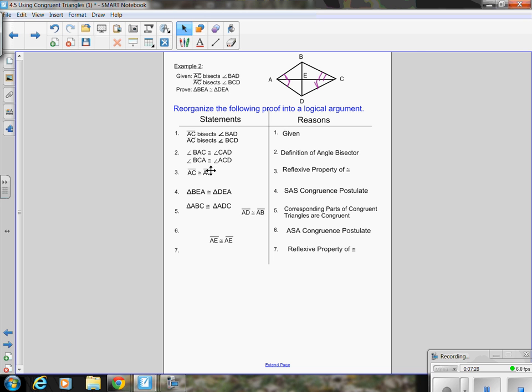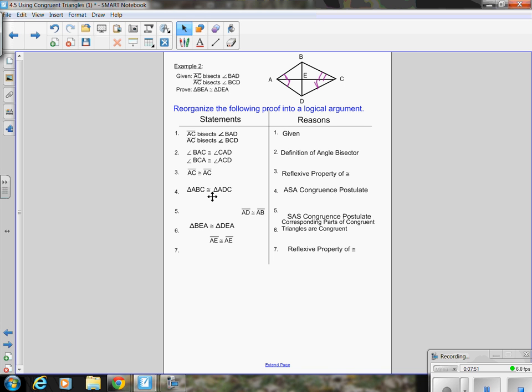And now I have an angle, side, angle. Oops, I messed up there. Triangle ABC, this big triangle, is going to be congruent to ADC.